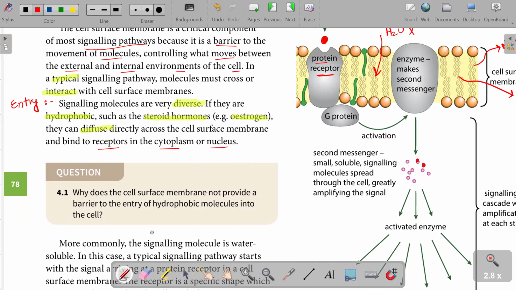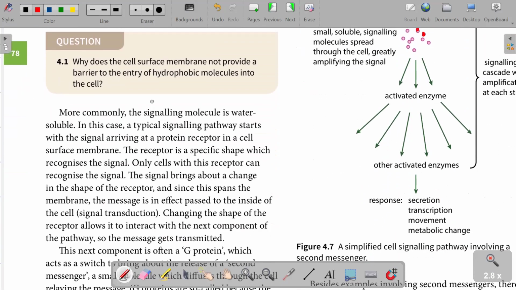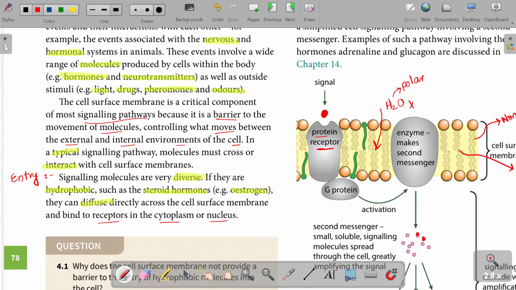You will say the center region of the cell membrane is hydrophobic in nature. So that's why they can easily diffuse through the cell membrane, and they can enter inside the cell or leave the cell. Clear? Are you clear with this?